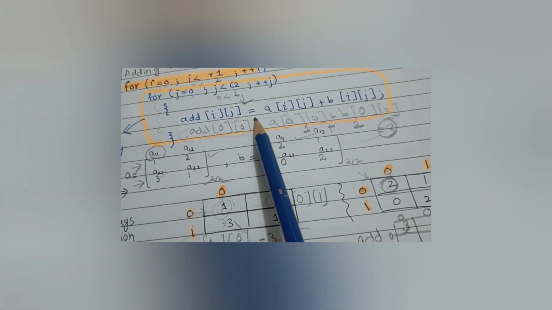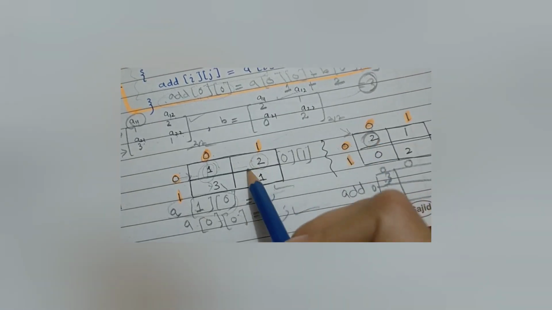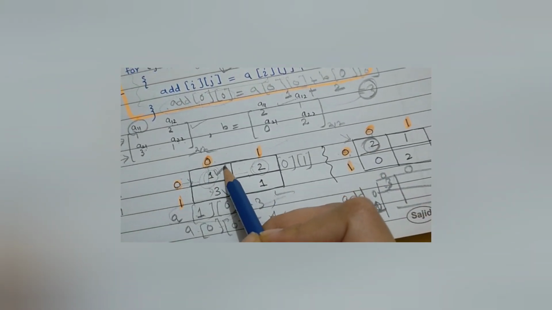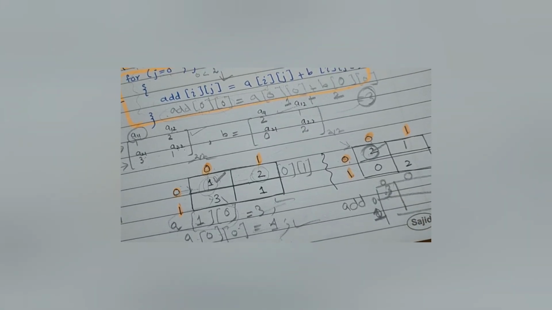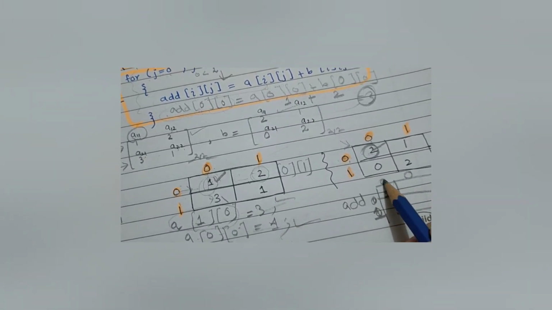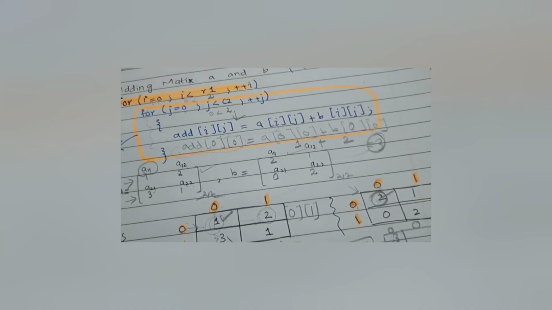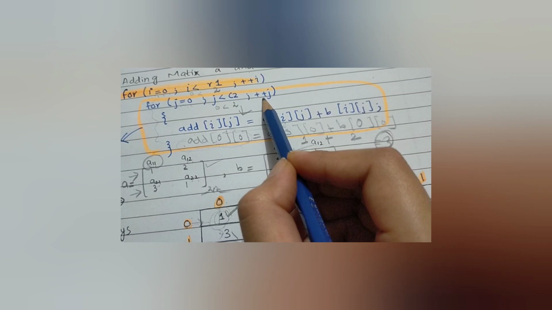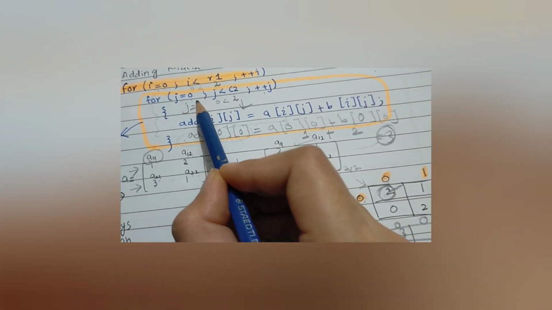So now, for example, again the control will add these two matrices. So this digit is added to this, so we get the answer 3. Okay, and 3 is stored in the location 0 0 in the array named add. Okay, so now again the value of j is increased by 1, so now j is equal to 1.